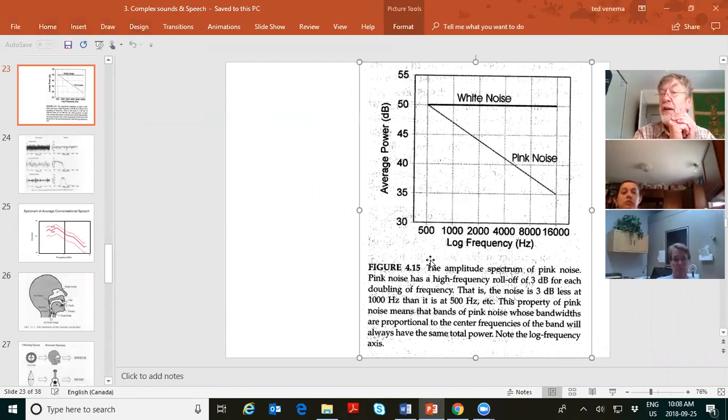Showing you a spectrum of white noise and a spectrum of pink noise. White noise, flat spectrum. It's got all the different frequencies at an equal amplitude, just like white is all colors together. Well, if you stay in keeping with the color analogy, what is the lowest frequency color?